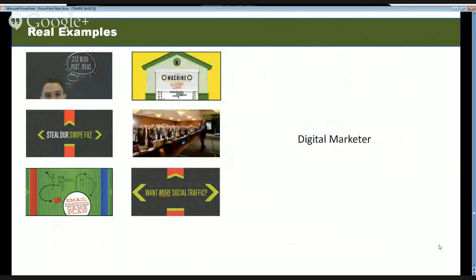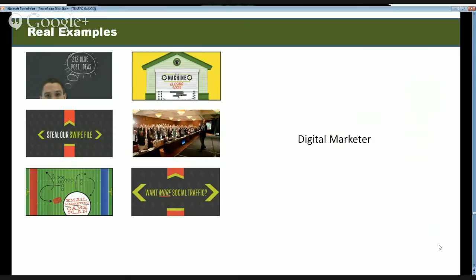Here's some other ads, and these actually work very, very well. They're done by Digital Marketer, and Digital Marketer is one of the best advertising groups around. They do trainings on this. And look at these six ads. All of those have been successful.